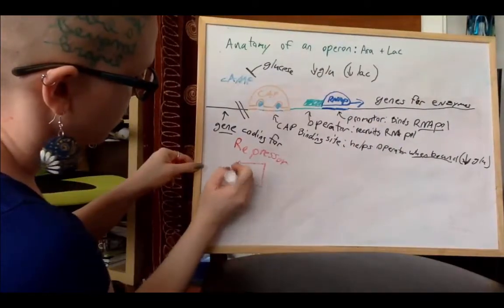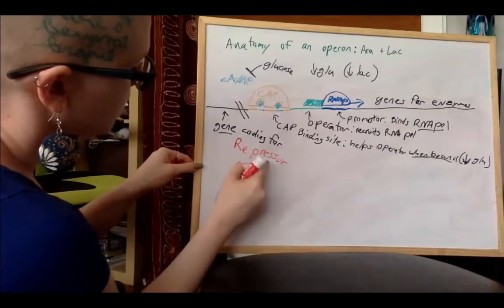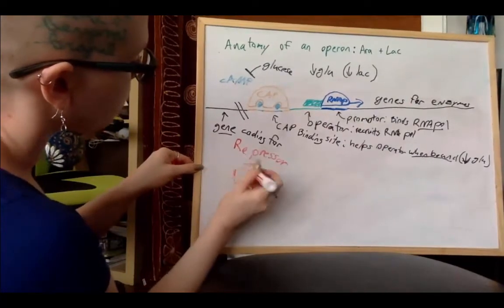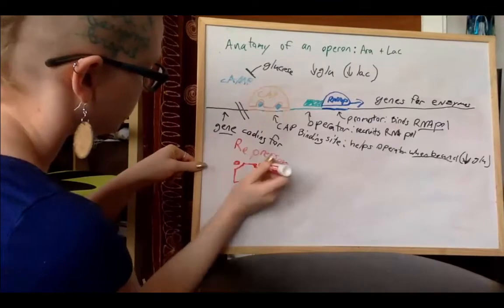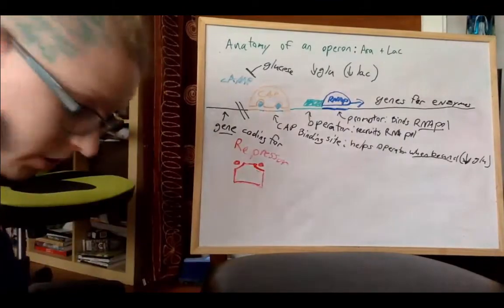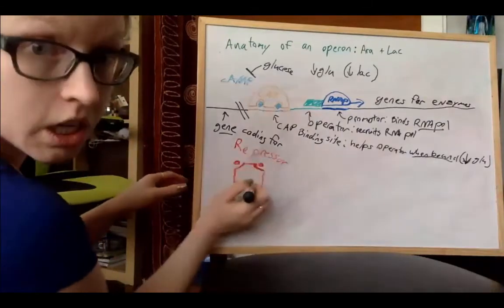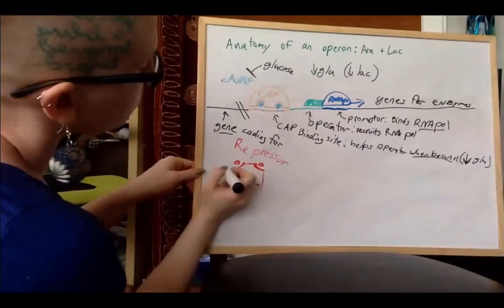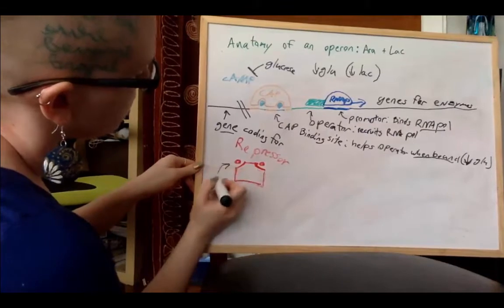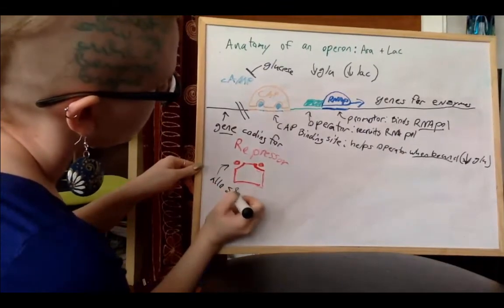Let's draw our repressor. And our repressor for both lac and arabinose. So for both these two, we have a repressor with allosteric sites. Allosteric.